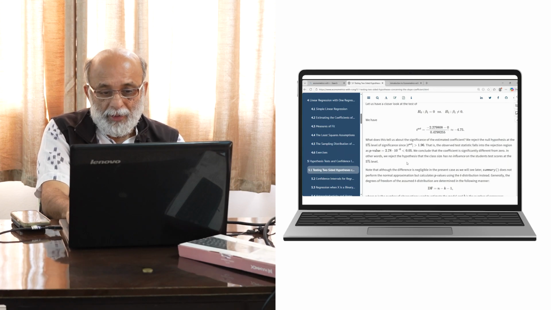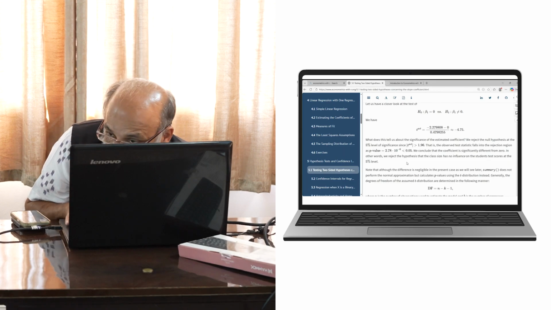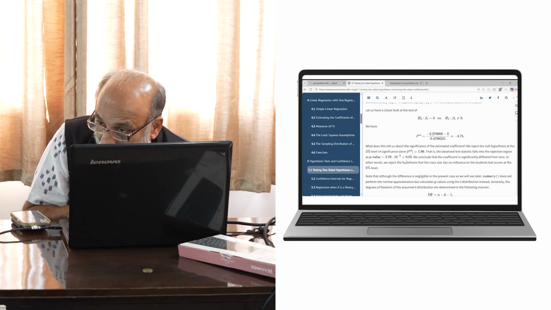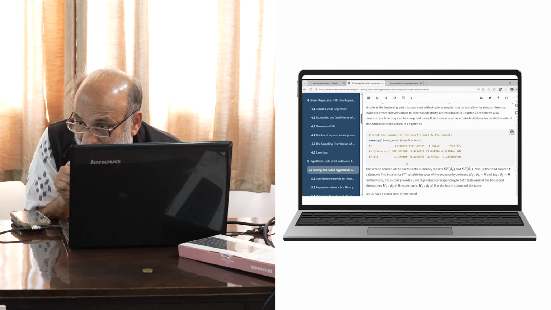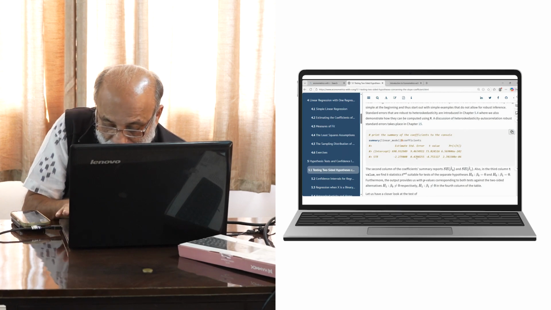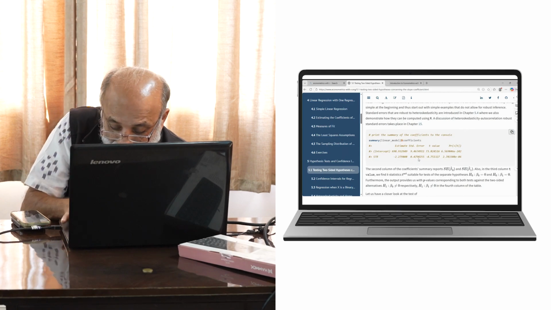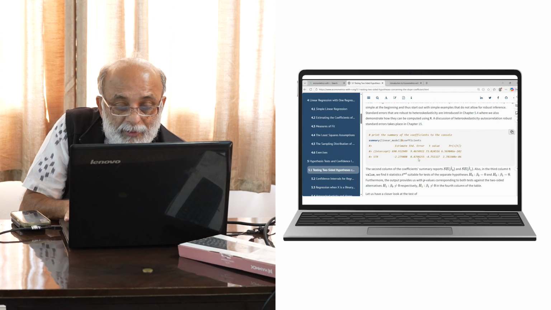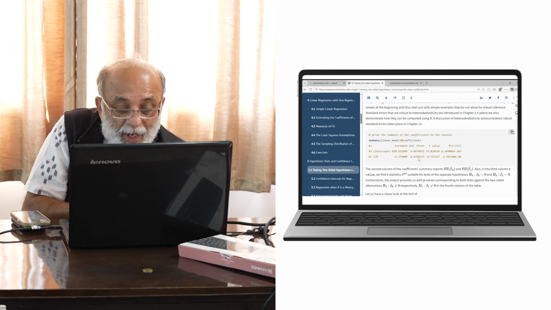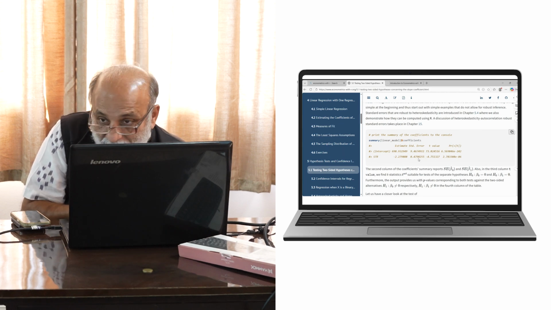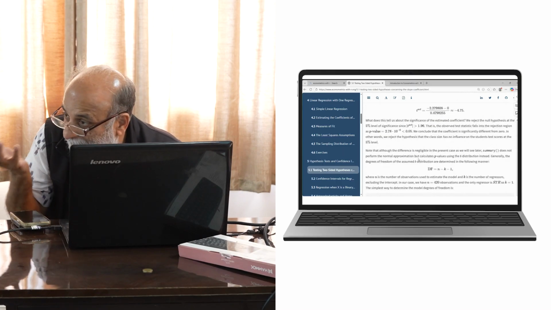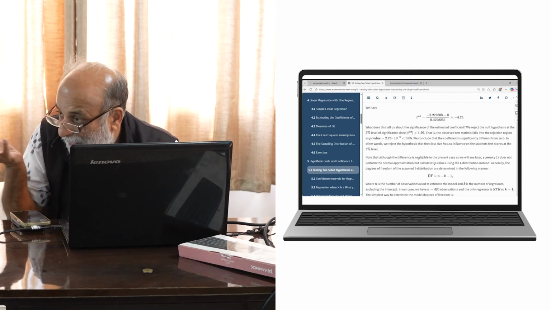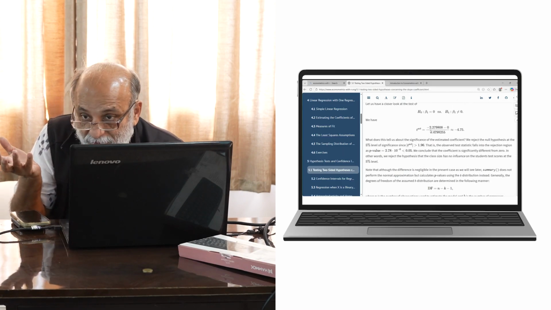So basically this is what you get. If you do the regression, you get something called the standard error. The standard error of STR is 0.4798. That's the estimated standard deviation of the coefficient.